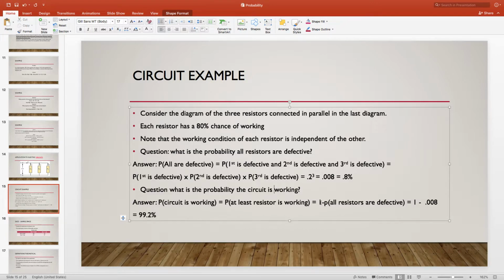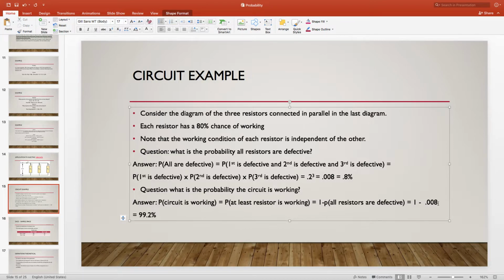So I'm going to use the complement rule. The opposite of at least one resistor working is that all resistors are defective. And 1 minus that is 1 minus 0.008, or 99.2% chance.